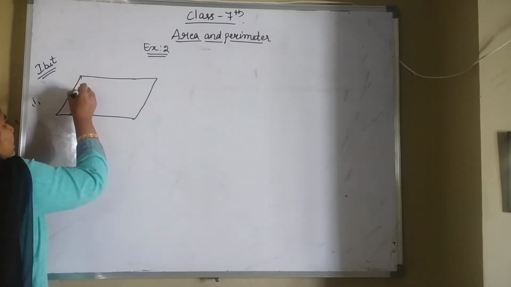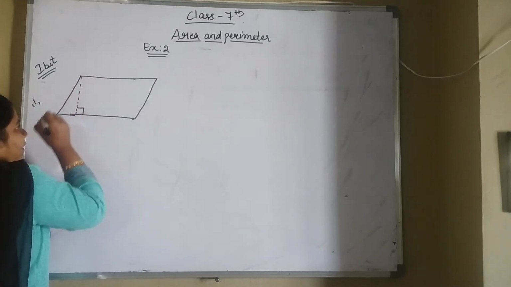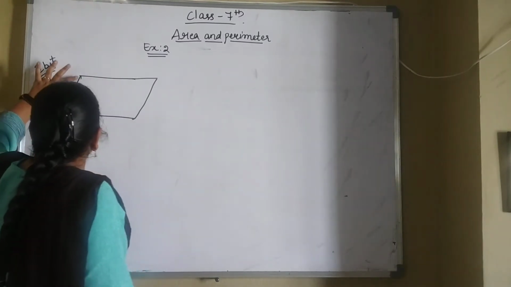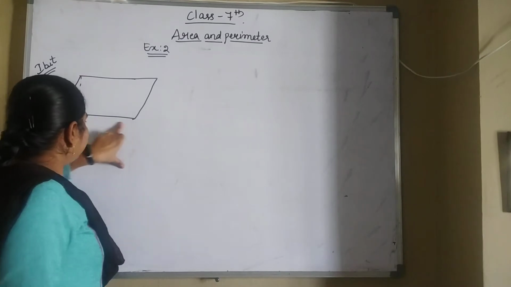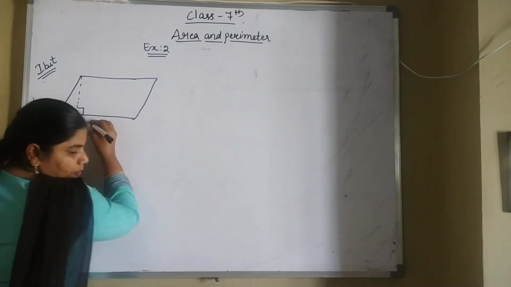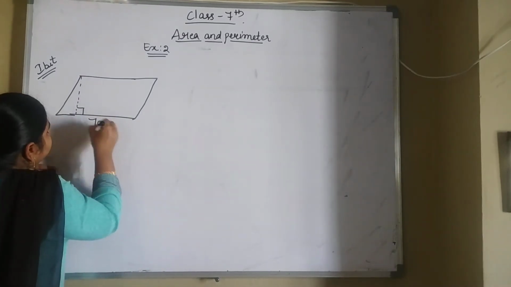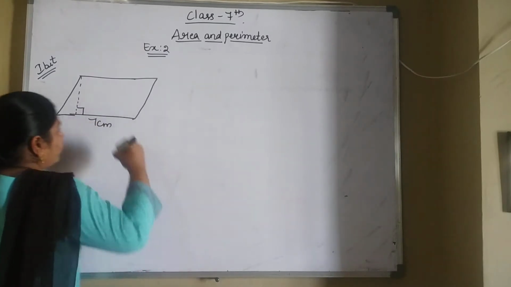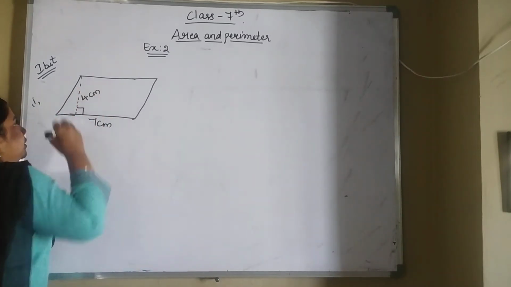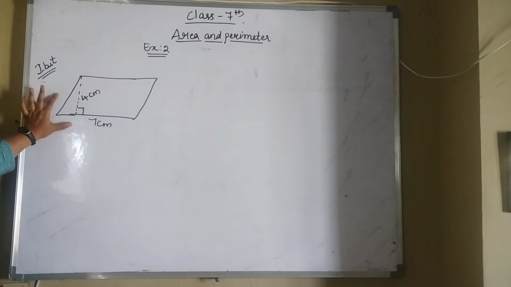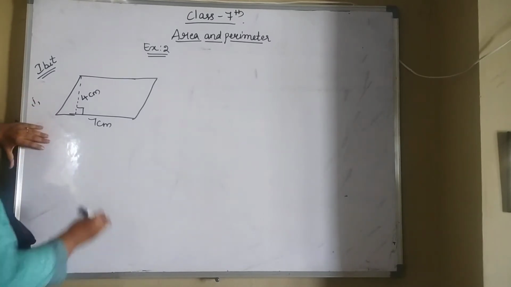This dotted line is the height and it is perpendicular to this part. So this is the base. The base value is 7 centimeters and the height value is 4 centimeters. By seeing this figure we have to find the area of the parallelogram.